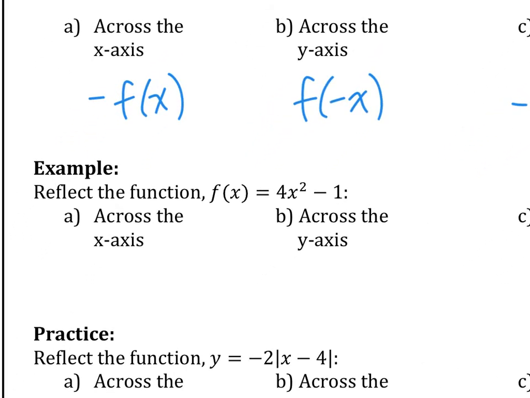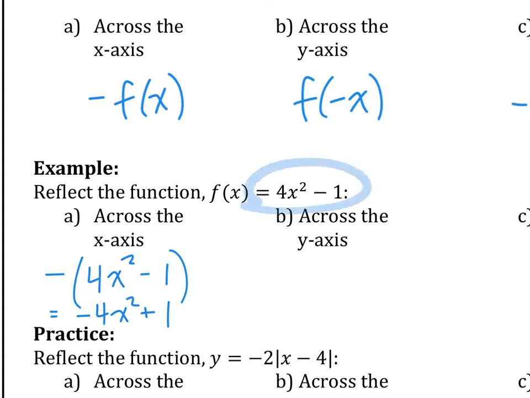So we take the negative and put it outside of the function. The function means the entire function. So this is going to be negative 4x squared plus 1. If you're not sure this will work, you can try putting it in decimals. Basically, you take the original function and the final function and see if it actually reflects over the x-axis, which it will.